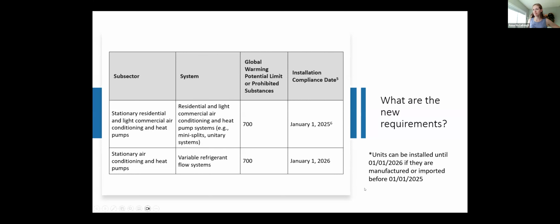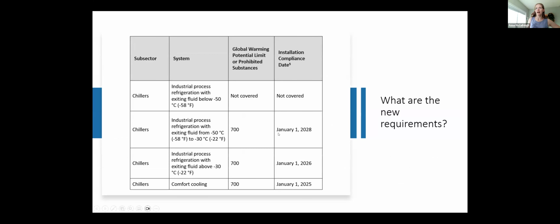But you will see that chillers rated for industrial processes with the exiting fluid below negative 50 are not covered within this requirement. That's because you're using a specialized refrigerant that can meet these temperature requirements, which A2L refrigerants cannot. Obviously a heat pump doesn't require an exiting fluid below negative 50, but we will see similar performance between an A1 and an A2L refrigerant for heating.